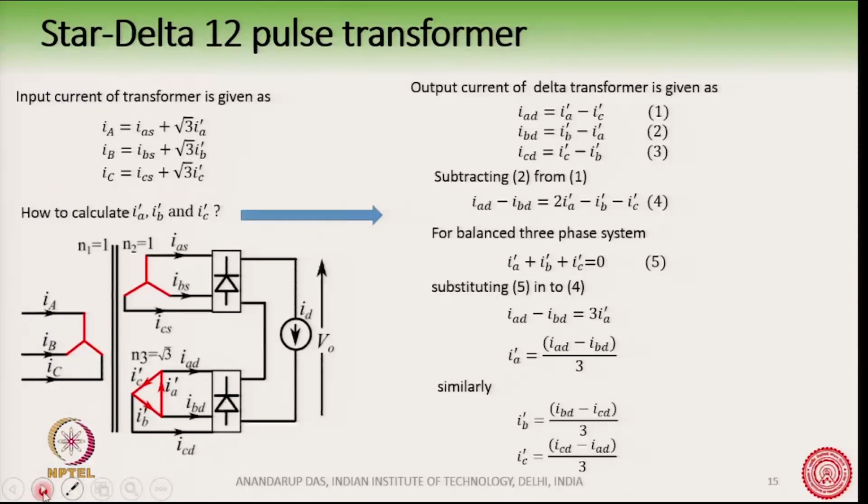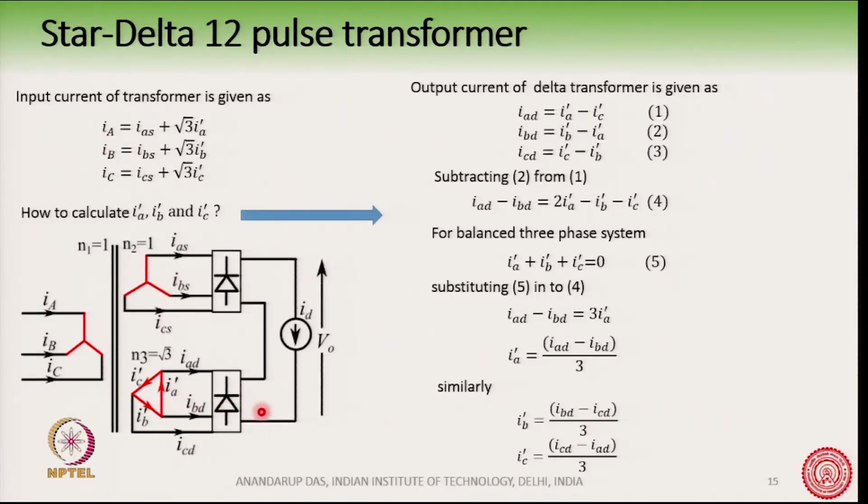In order to understand the input current, we can make the MMF balance on the transformer. We have this one with a 1:1 turns ratio, and this transformer with a 1:√3 turns ratio. Therefore, I capital A is the sum of contributions from these two transformers.